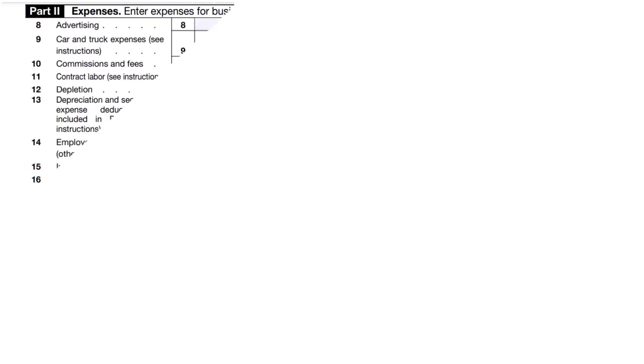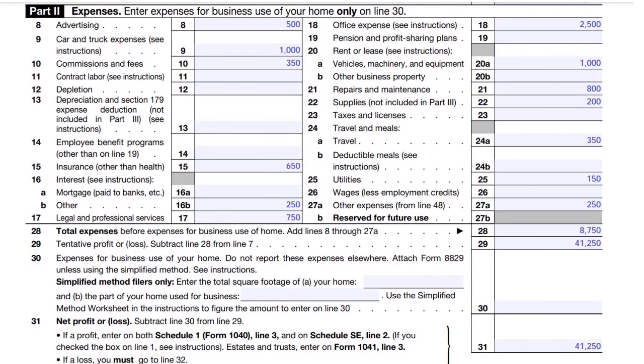Now in terms of expenses, those are hypothetical numbers that I wanted to share with you for purposes of the calculation. We put advertising $500, car and truck expenses $1,000, commissions and fees $350, insurance $650, other $250. We have legal and professional services $750.